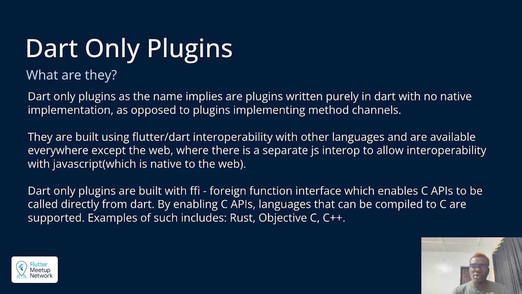By enabling C APIs, we're talking about supporting languages that can be compiled to C, things like Rust, Objective-C, and C++. This is why I said FFI itself is available everywhere, but not the web, because the web natively is JavaScript. So we have a separate JS interop for the web. So yeah, that's it.